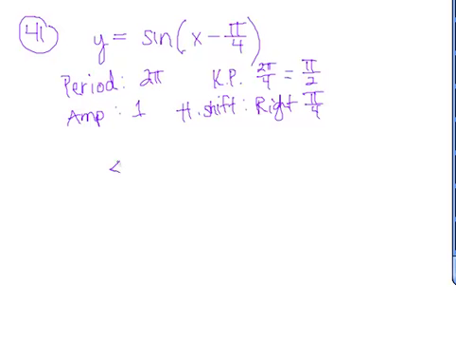All right, so there's a couple ways to do this. I'm going to go ahead and do the typical number line for what it would have looked like had I not had a shift. So I'm going to start at 0 and then go up to 2 pi and then quarter that.